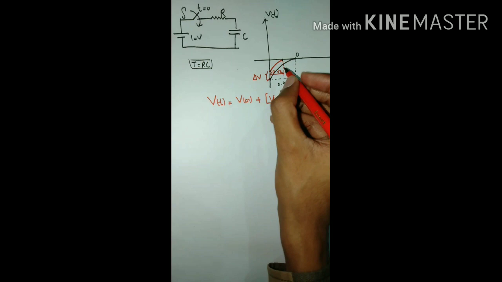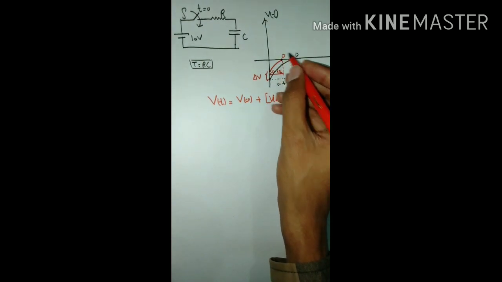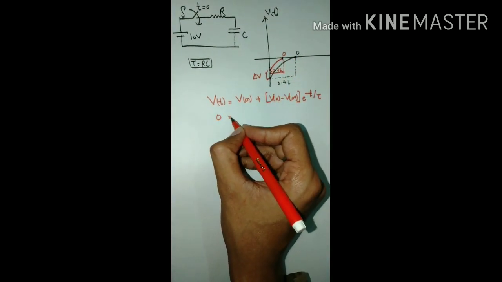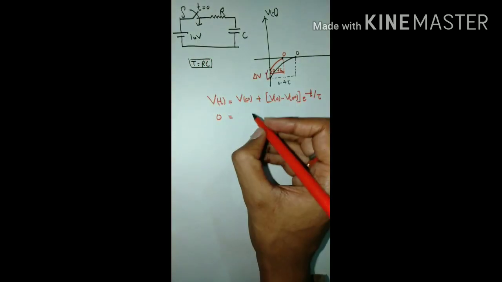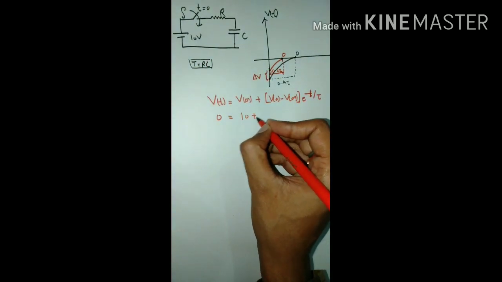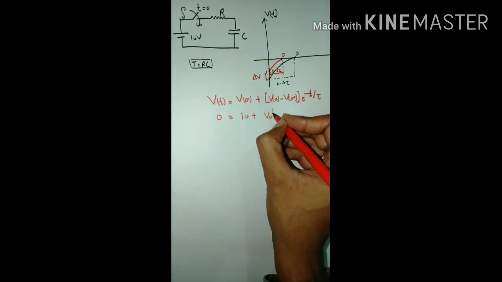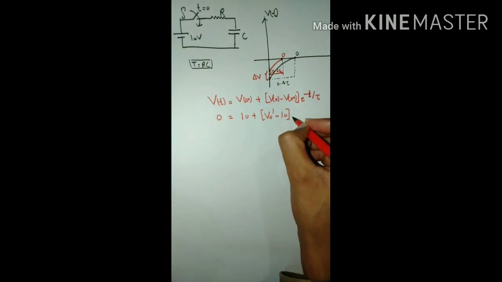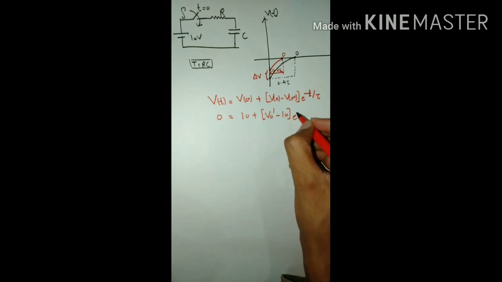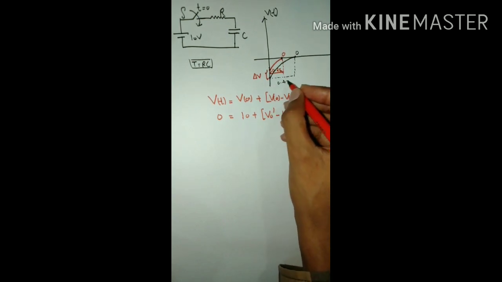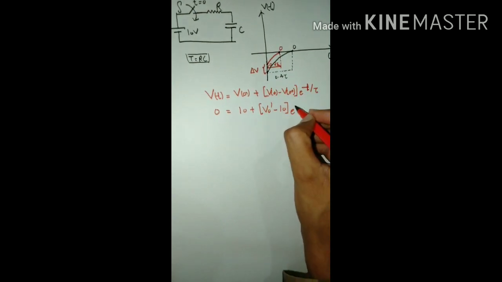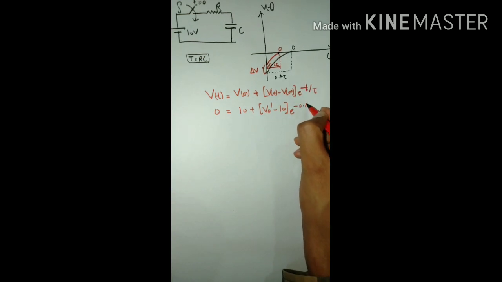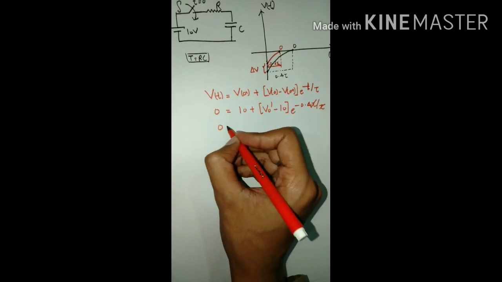So V(t) is 0 volt at crossing, so V(t) equal to 0, V infinite is 10 volt, the maximum value. We don't know the initial voltage, let's say V naught dash, minus 10 for V infinite, at t is equal to 0.4 tau. At 0.4 tau zero volt crossing is reached, tau cancels out, we get this equation.